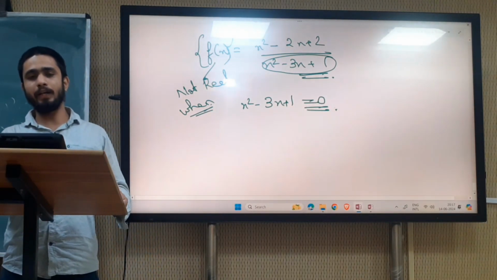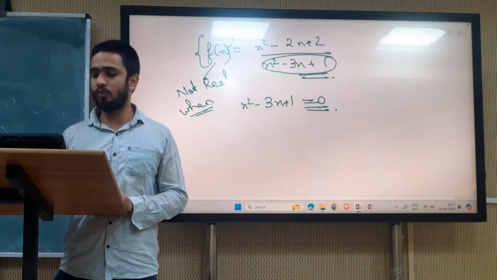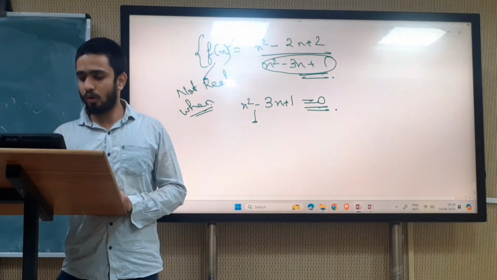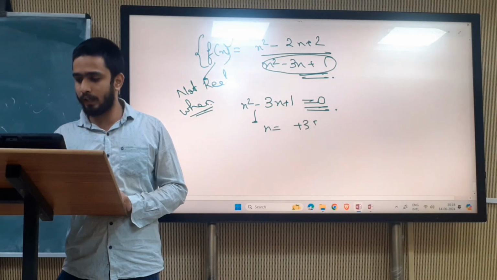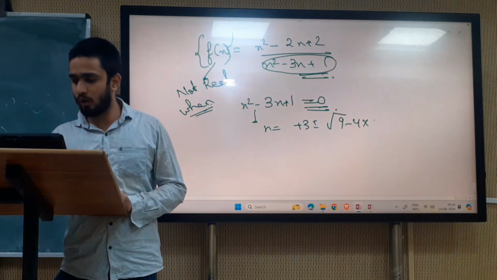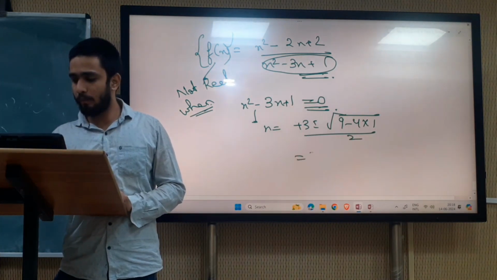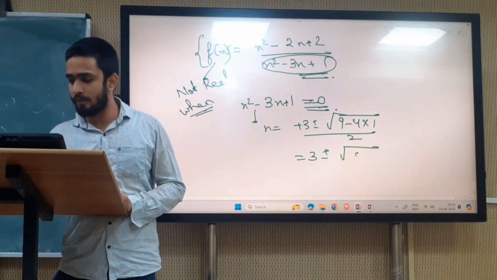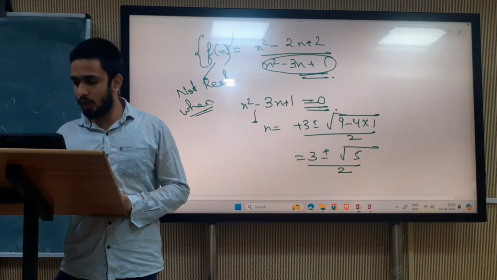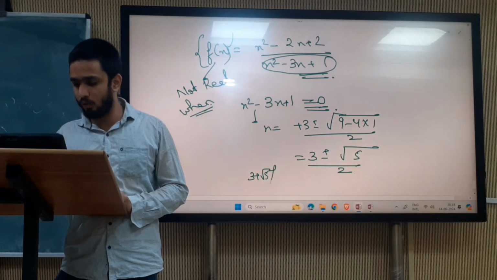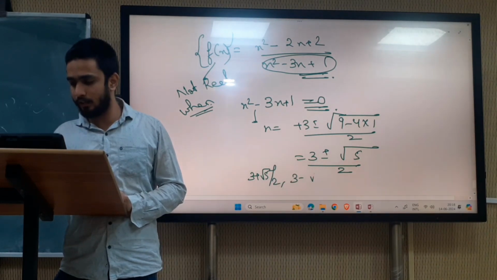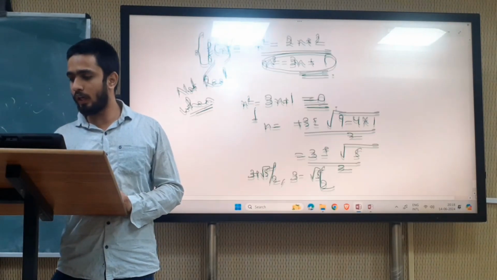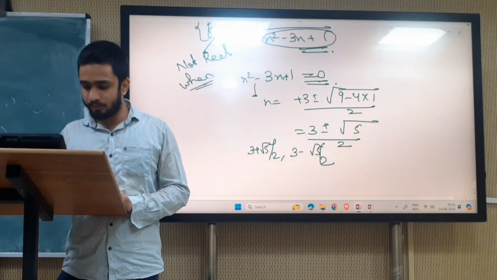So we will solve x equals minus b plus minus under root b square minus 4ac upon 2a. So x is (3 plus minus root 5) by 2. So f(x) is not real at x equals (3 plus root 5) by 2 and x equals (3 minus root 5) by 2.